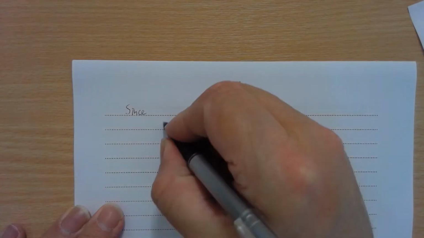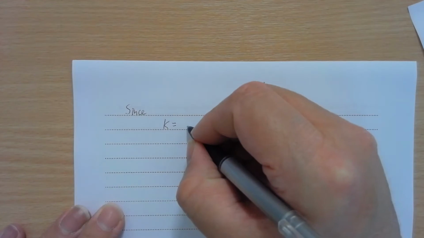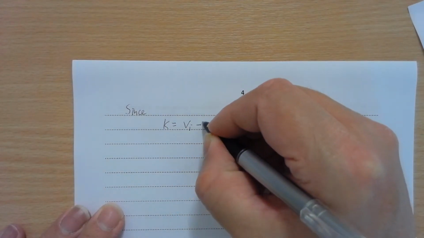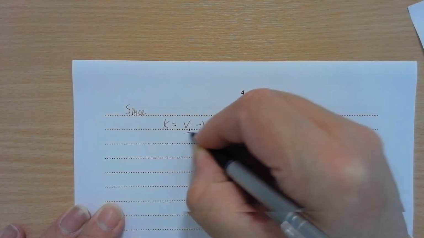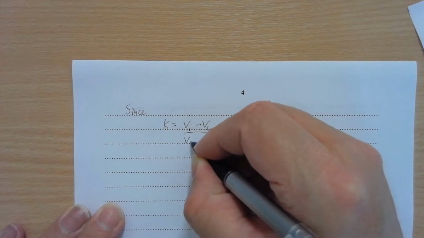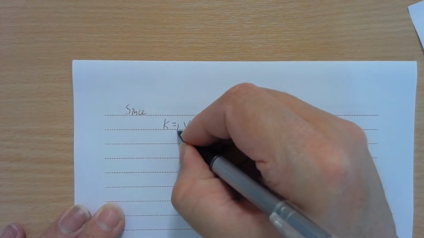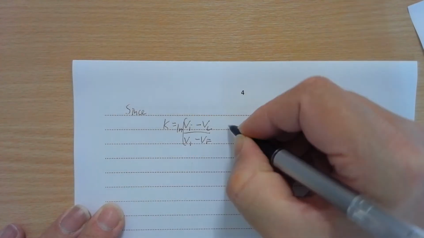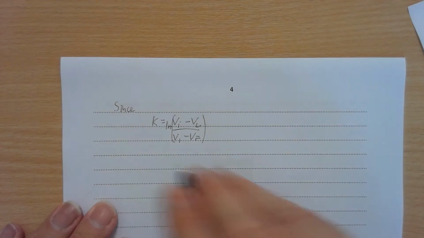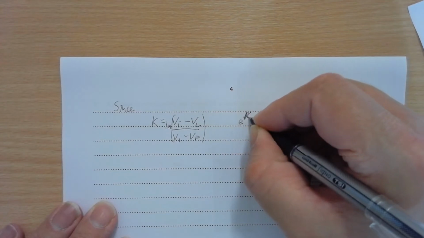So since K equals the natural log of VI minus VL over VI minus VF, then it stands to reason that it's going to be e to the power of k.